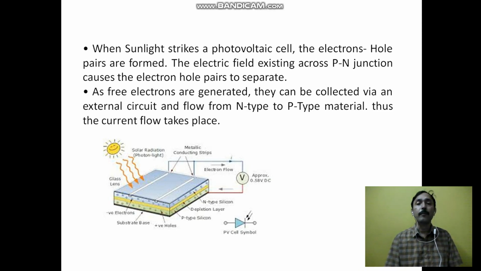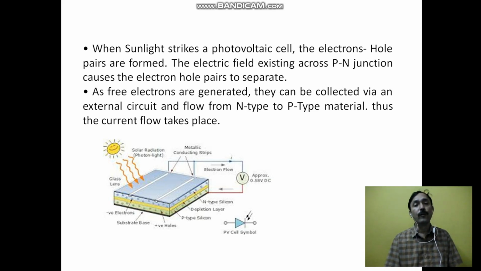So this is the property of a p-n junction diode. Light is falling, so its energy is increasing, so there is an increased number of electron-hole pairs. The electric field existing across the p-n junction causes the electron-hole pairs to separate.